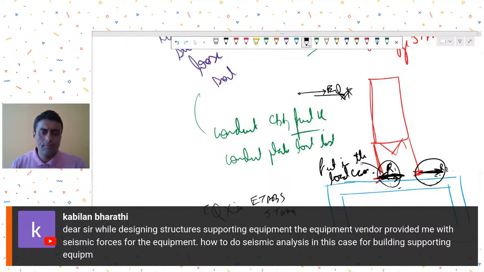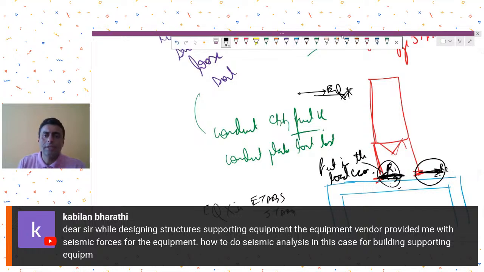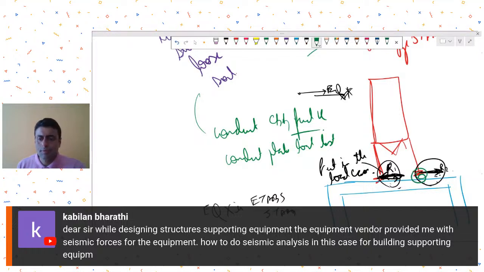So you don't need to do the seismic analysis again. That has been already provided. That is one part. Then you will have to design the supporting structural arrangement, the supports that you are providing, so that they can take the reactions and transfer them to your main structure safely.